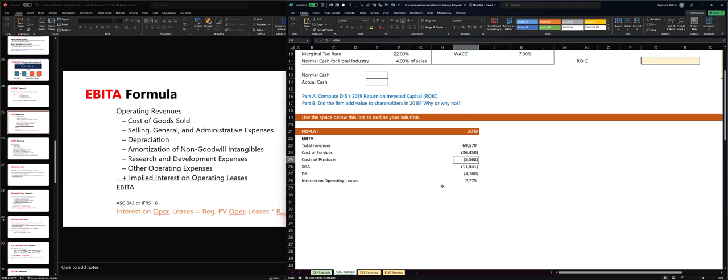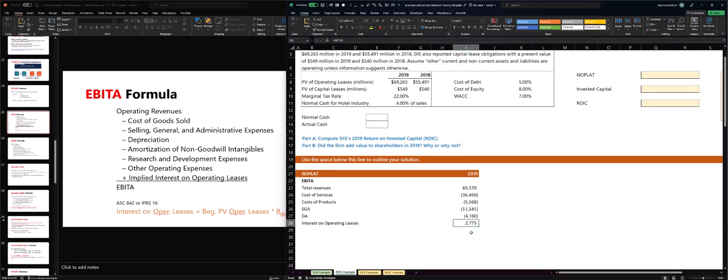The depreciation cost is already right here, so we don't have to worry about it. But interest, we're not in the business of making interest, so we add it back. Because it lowers down our EBITDA, and it's embedded here, we add it back. So it's basically taking the effect of the interest on operating leases.